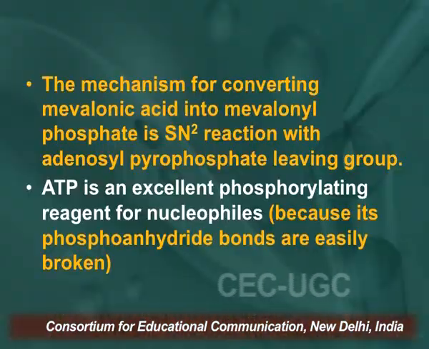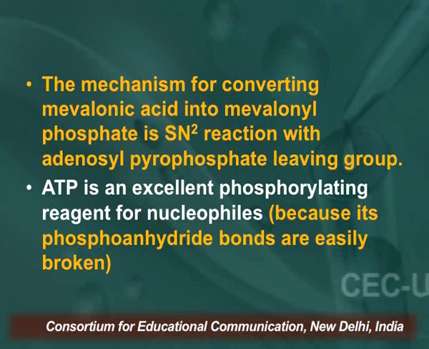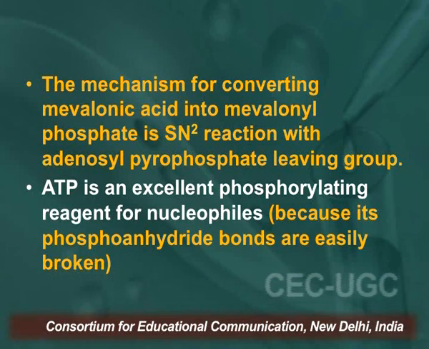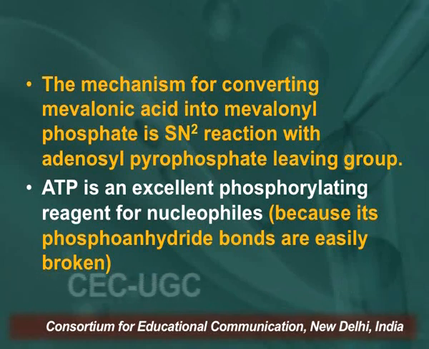The mechanism for converting mevalonic acid into mevalonyl phosphate is an SN2 type reaction with adenosyl pyrophosphate acting as a leaving group.